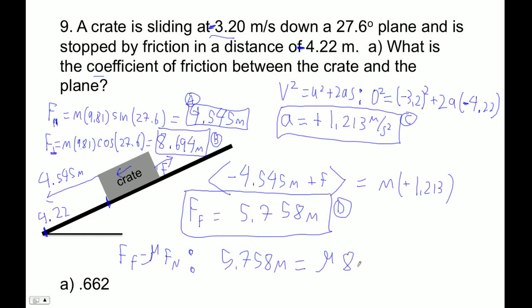Which is 8.694 m, right? So I think what we do is we just divide this guy by this guy. I stored that in B, so I'm just going to say divided by B. And I get 0.662.